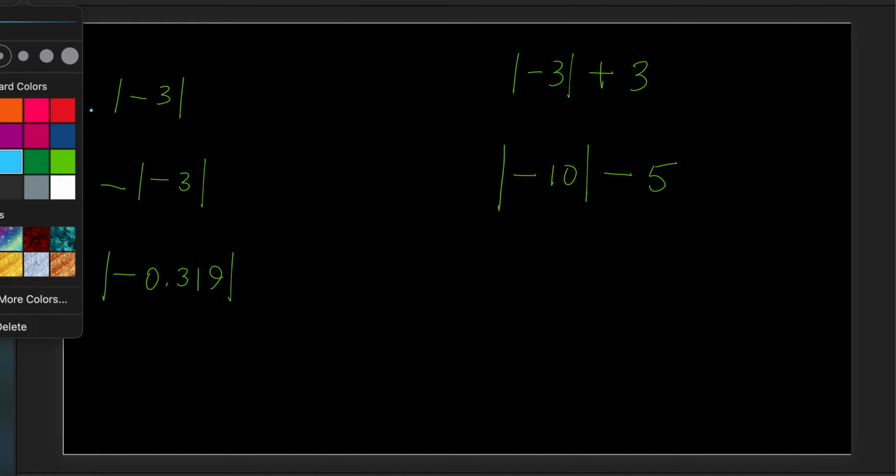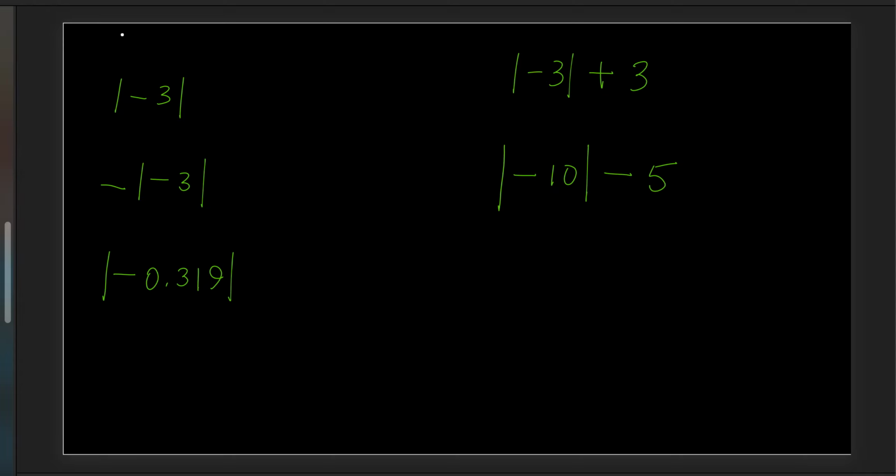So if we have the absolute value of negative 3, remember the absolute value signs mean make all this positive that's inside. So the answer to that will be 3. Now we have a negative times an absolute value of negative 3.